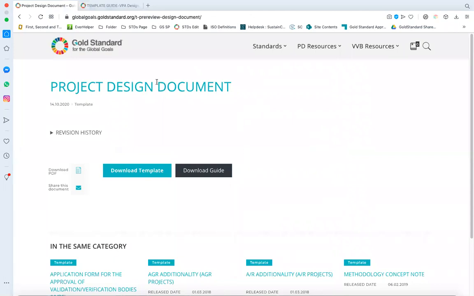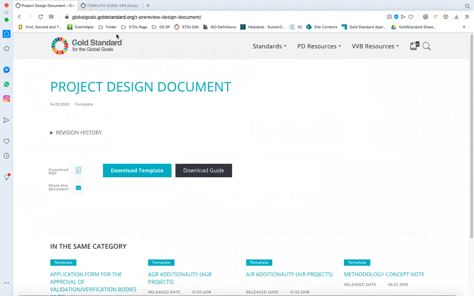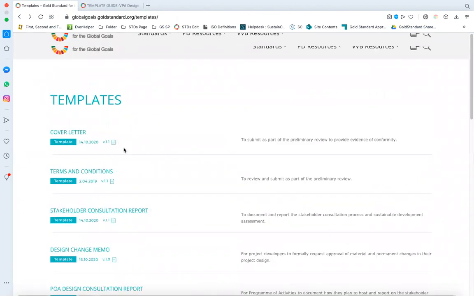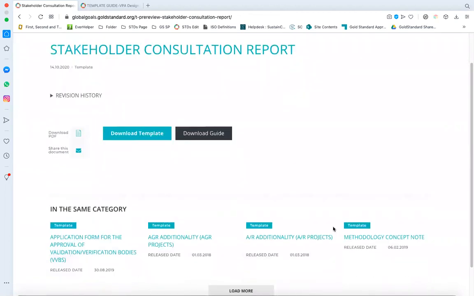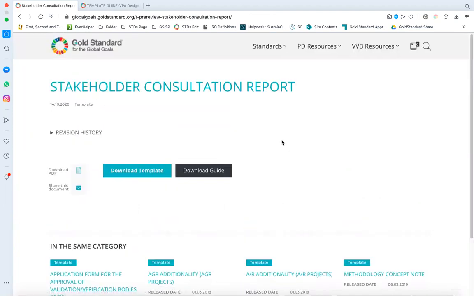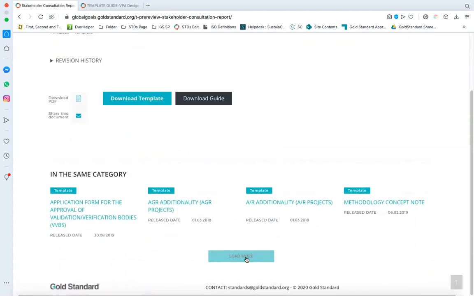One thing I would just draw your attention to on this page while we're here: whenever you find one of these templates, you must pay attention to this area underneath as well, because there's quite a document hierarchy behind the scenes, whereby whatever template you're looking at, there are certain templates assigned to be in the same category.